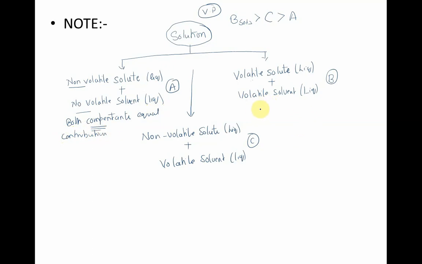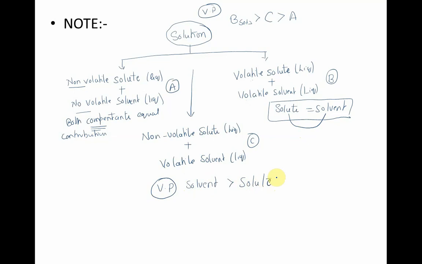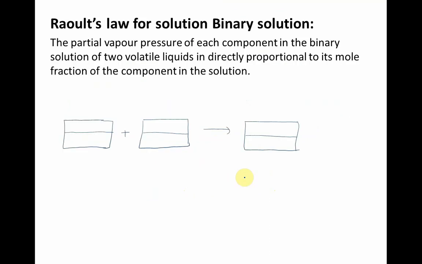The pressure exerted by the solution is exactly equal for solute as well as solvent. What fraction of solute exerts the vapor pressure, an equal fraction of solvent also exerts the vapor pressure. But in the other case, the vapor pressure of the solution due to solvent is greater than solute. The reason is solvent is present in volatile state and solute is present in non-volatile state. Okay, understood?